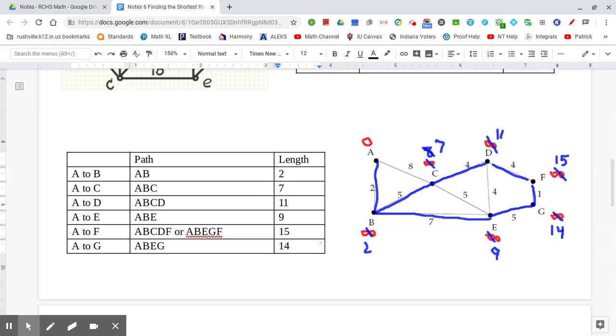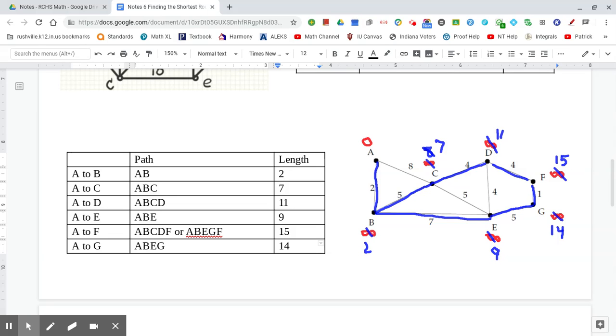So the computer wouldn't be able to look at this problem as a whole and then figure out, okay, what's the shortest route? Instead, it needs to be given a step-by-step algorithm, a step-by-step list of what it needs to do after what. And that is why we need to follow this algorithm.